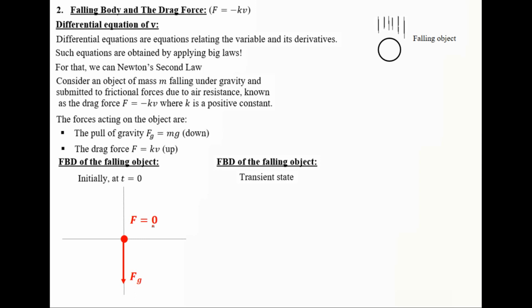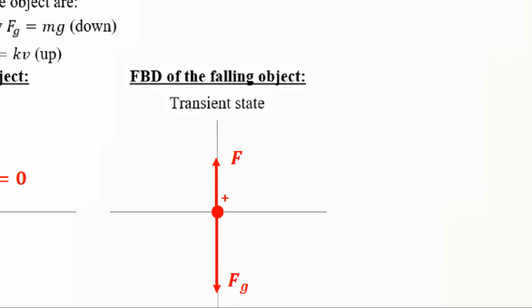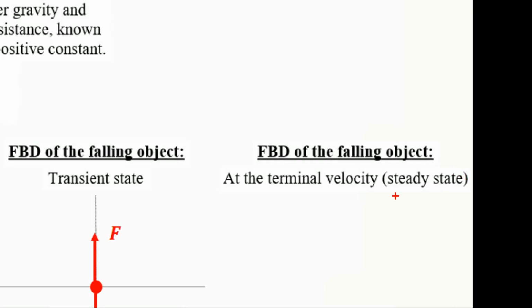Now in the transient state, as the object starts to gain some velocity due to the pull of gravity, the resistive force, which is the drag force, is going to increase. So that would be the transient state. And finally, reaching something called the steady state.